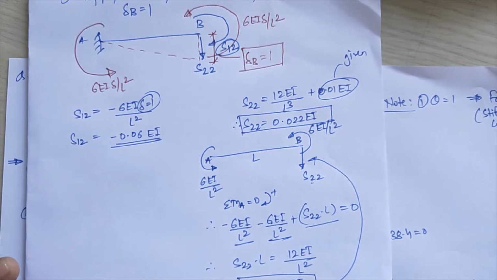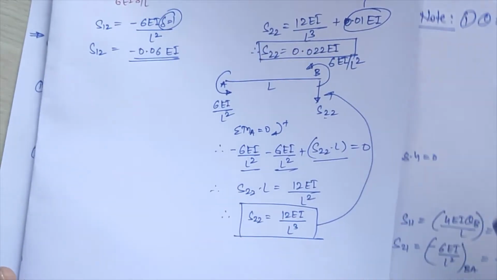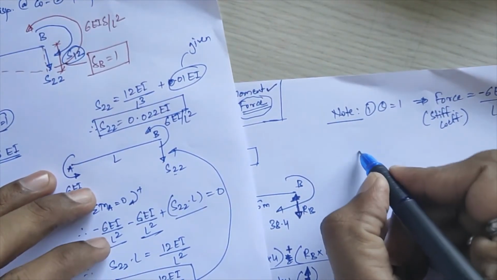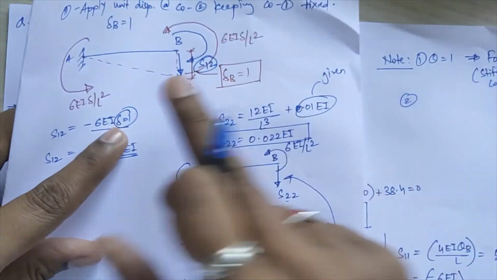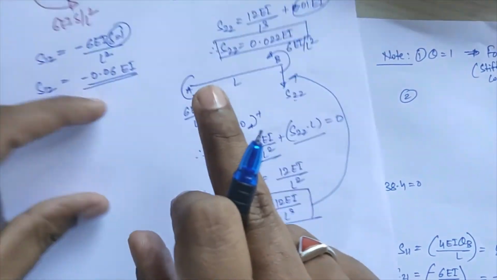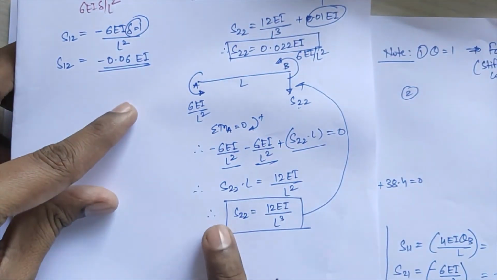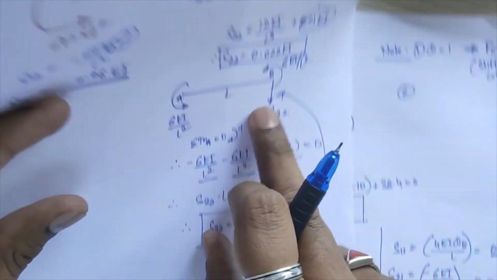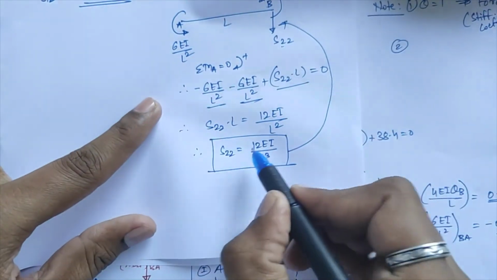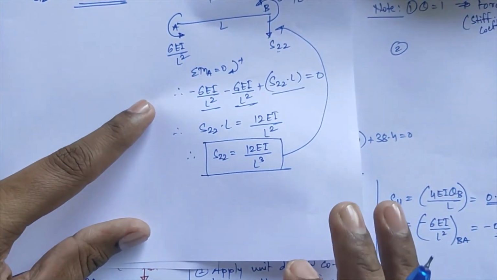Now here we form note number 2. What is note number 2? If you are applying delta equal to 1, and you are calculating the force value from these translational rotational moments, that force value or stiffness coefficient comes equal to 12EI/L³ over there.